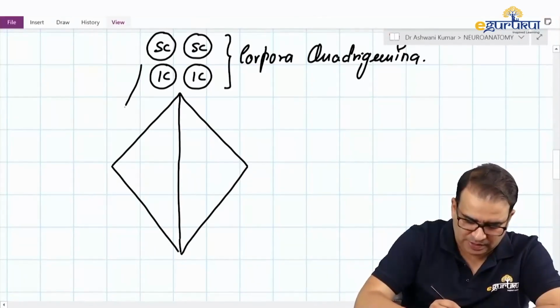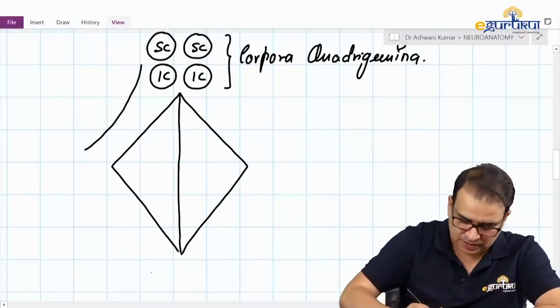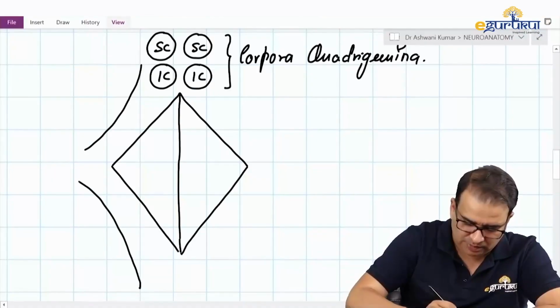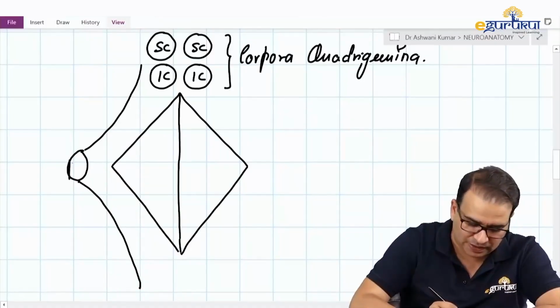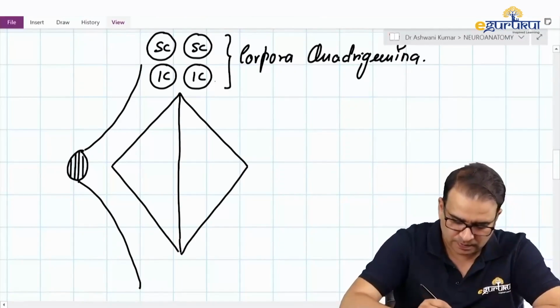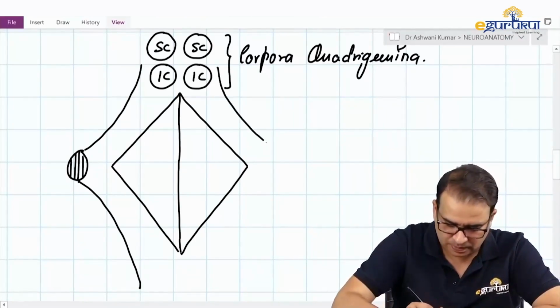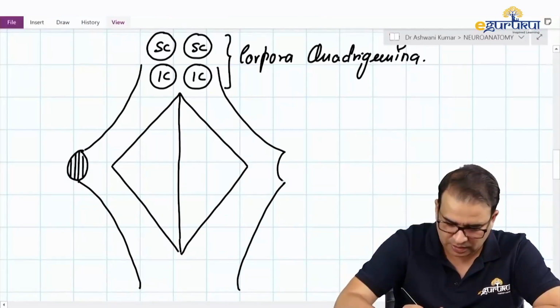So we have the superior cerebellar peduncle converging downward. This is the inferior cerebellar peduncle, going upward and then meeting with the middle cerebellar peduncle, which is placed more laterally. Superior, inferior, and that is the middle cerebellar peduncle.